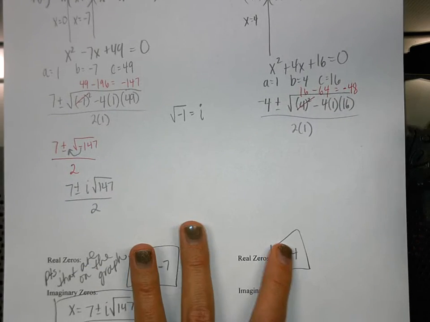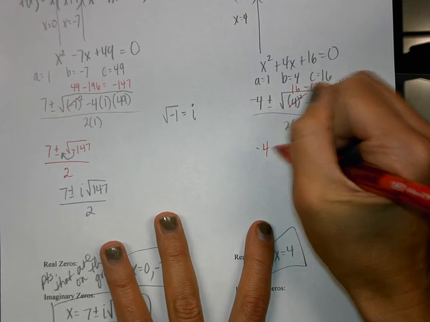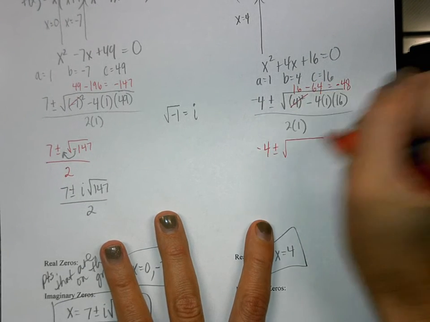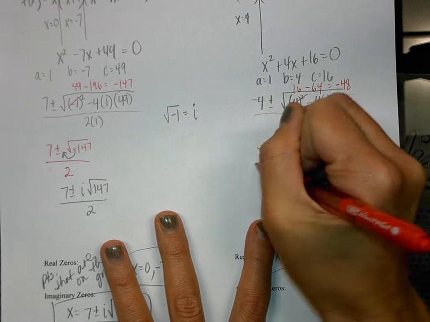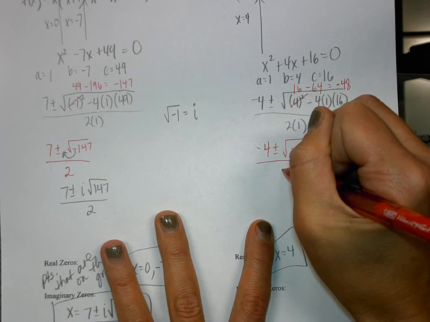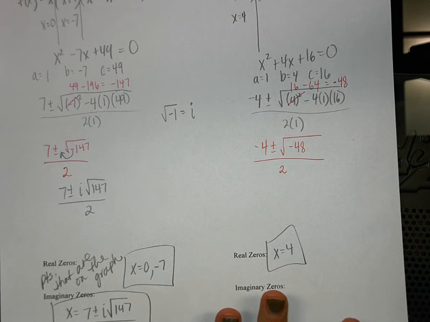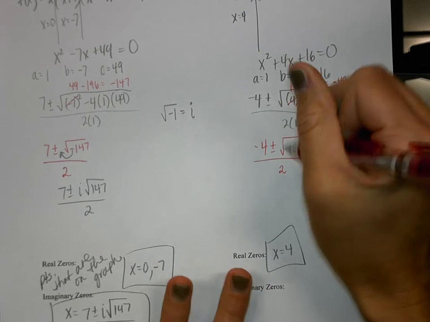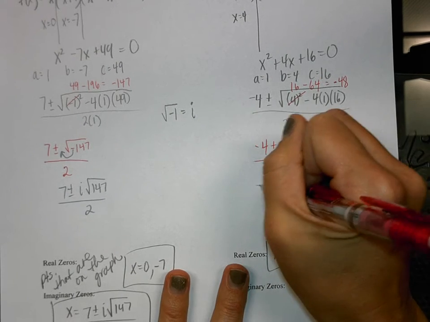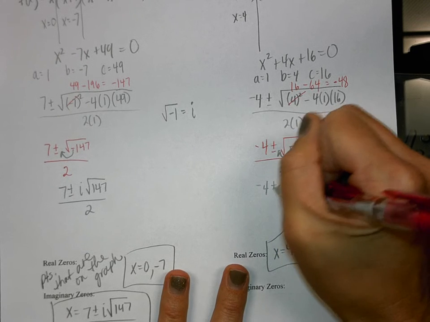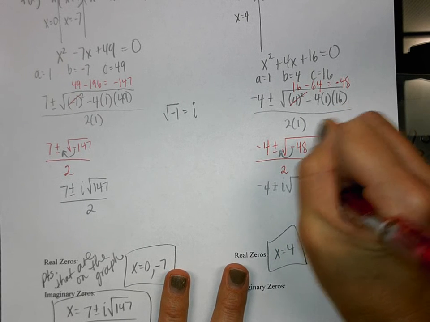And so we get negative 4 plus or minus the square root of negative 48 all over 2 times 1, which is 2. Okay, and then what happens with the negative under the root? Imaginary. I know, crazy. It's like you don't even see it. Negative 4 plus or minus i root 48 all over 2.